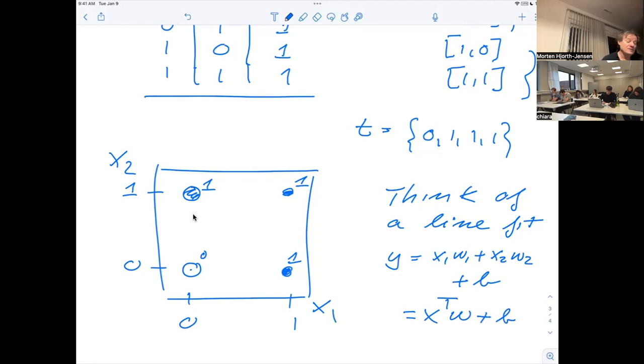And now if we make such a fit of a line with these data sets, we could actually use linear regression, or we could use logistic regression, since we only have discrete outputs here. But we could think of fitting a line, and this line could look something like this. Suppose this is the fitted line after we have applied linear regression.